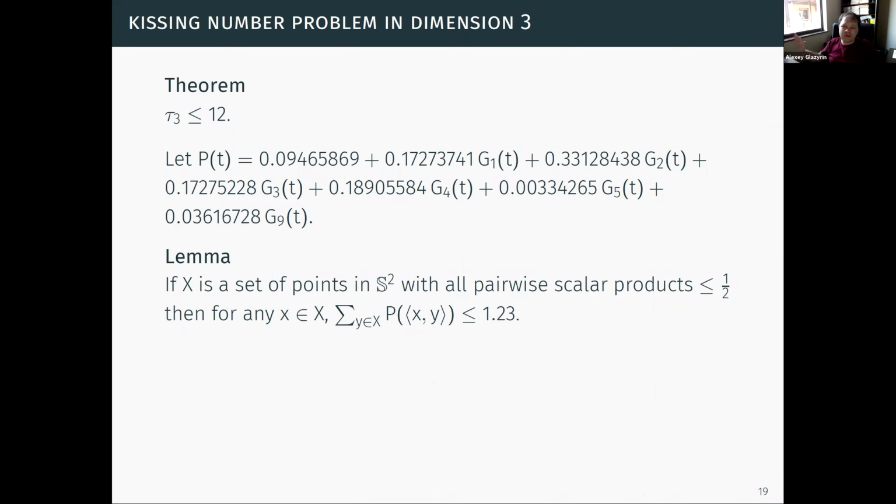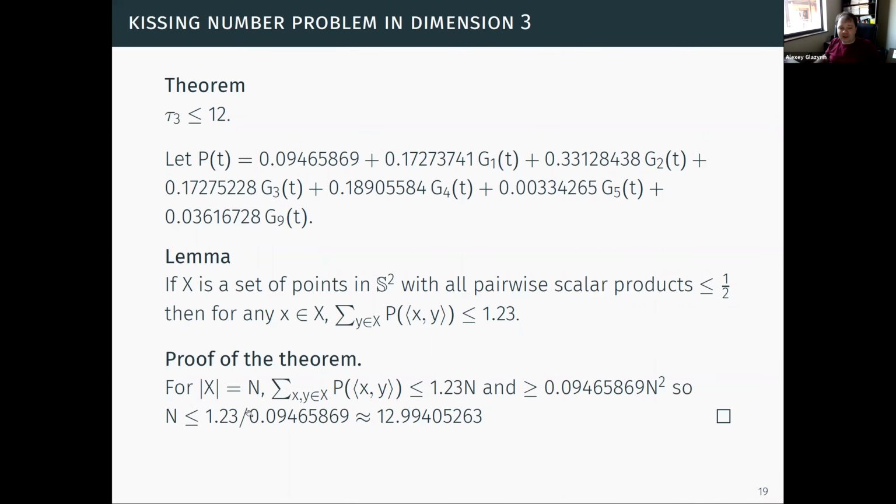So the proof is really just a one-page proof. All right. So if we can show that for any point in our set, the sum of values of this polynomial P at scalar products with this point x is not greater than 1.23, then I claim we can actually solve the Kissing number problem.